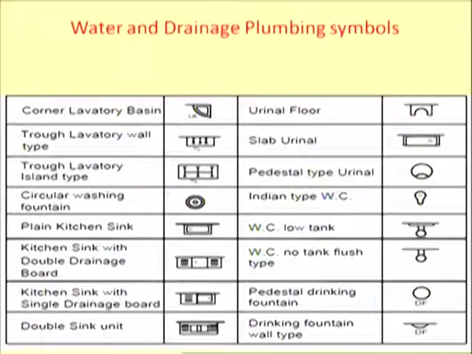So all these symbols you have to remember because they are universal everywhere. The same symbols are used for the appliances or the fixtures or the appurtenances which are used in the plumbing.